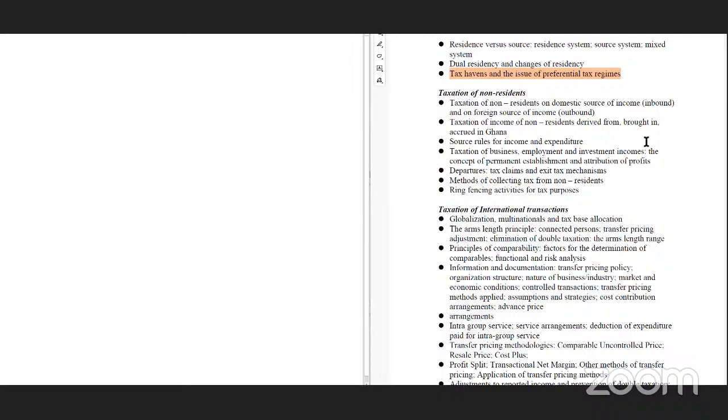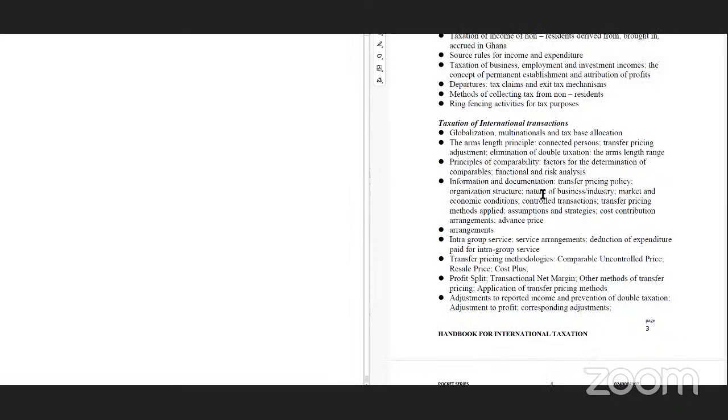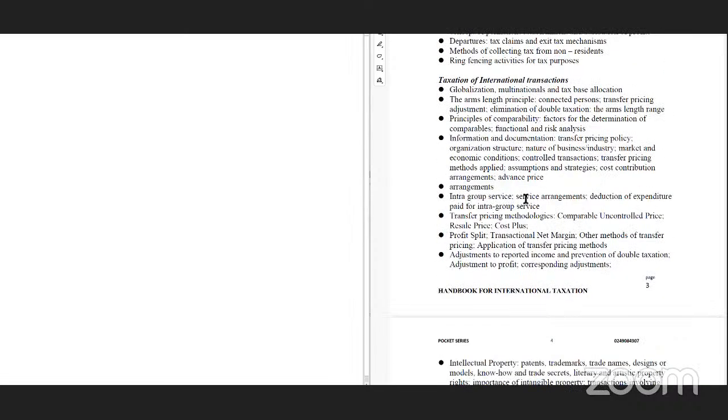Okay, so these things, as you see them in the syllabus, look so complex, but they're actually simple concepts.